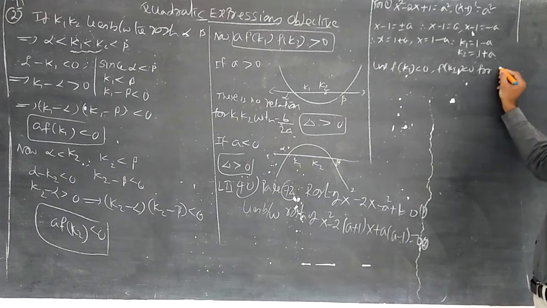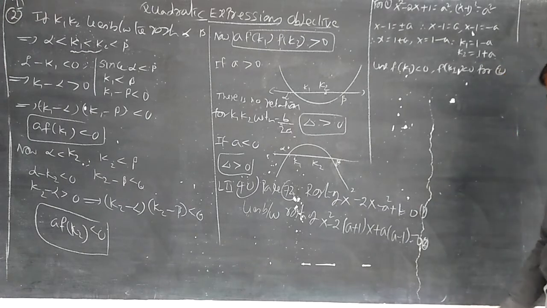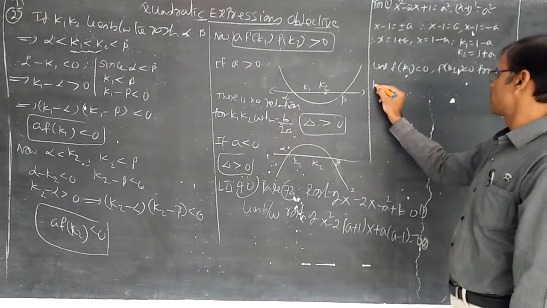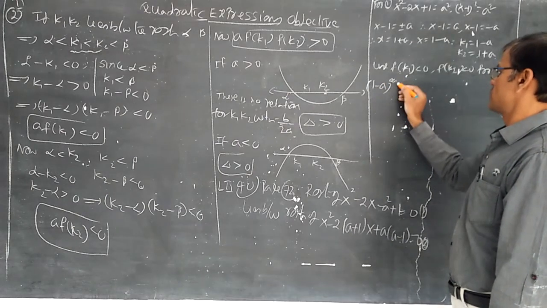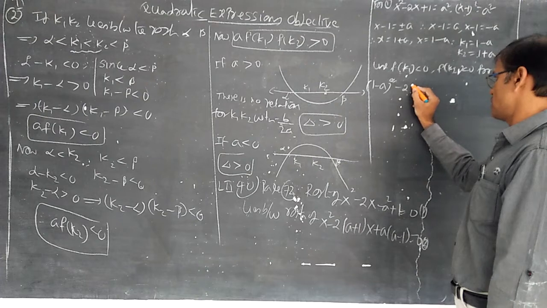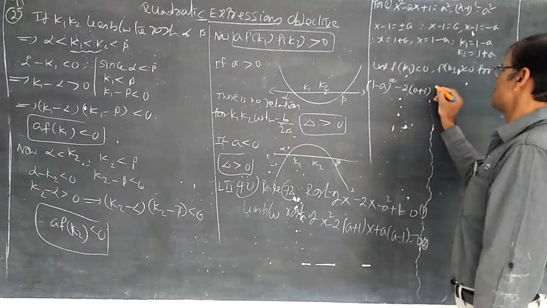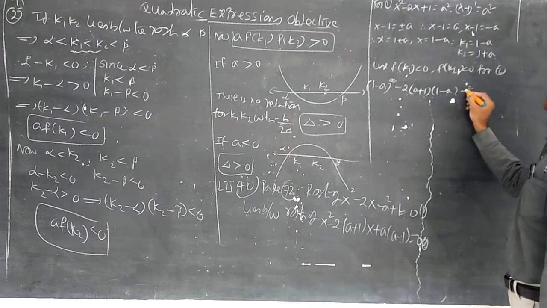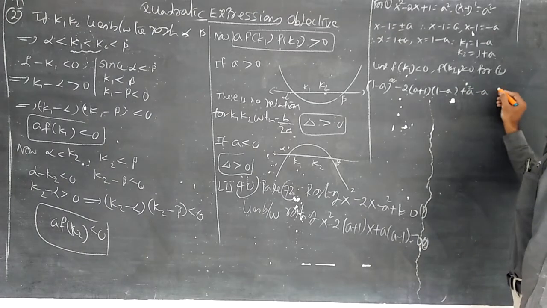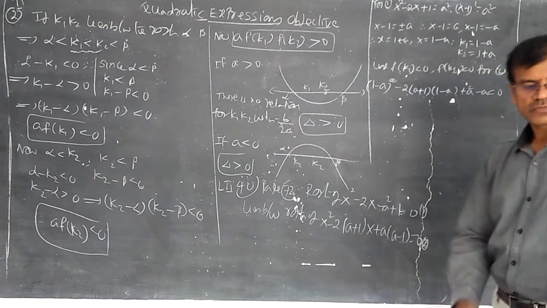For the second equation, you write 1 minus a whole square minus 2 into a plus 1 into 1 minus a plus a square minus a less than 0.